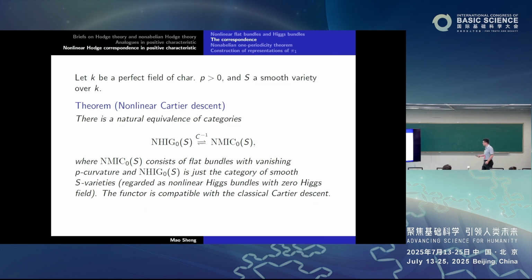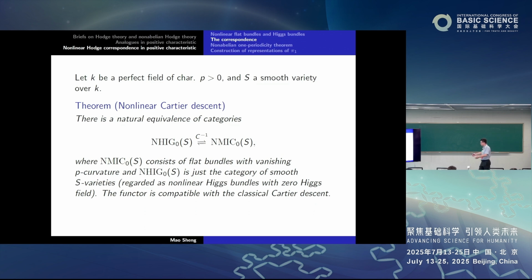Here the zero means that we consider a nonlinear flat bundle with vanishing p-curvature; we define the notion of the p-curvature. Then the category of nonlinear flat bundles with vanishing p-curvature is equivalent to the category of smooth S-varieties.